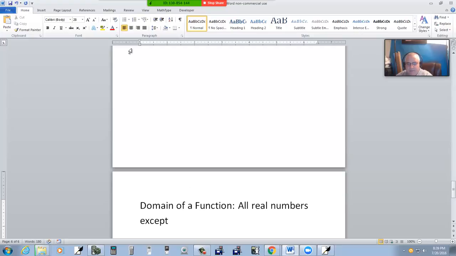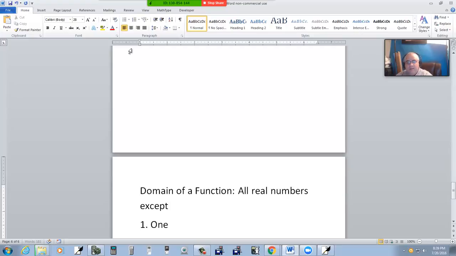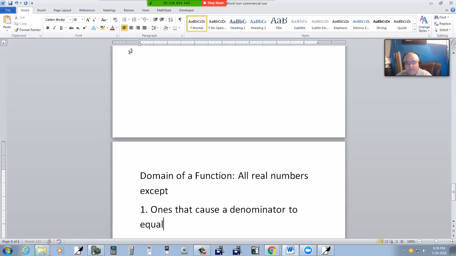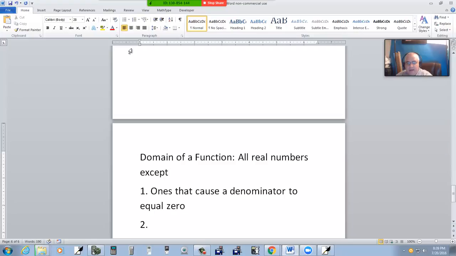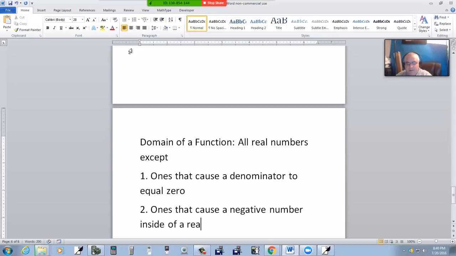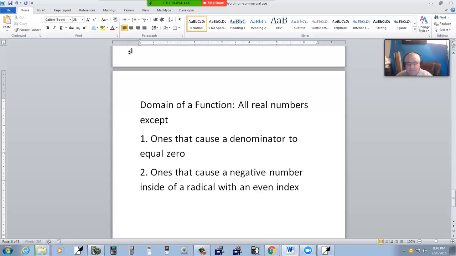Except, here's our exclusions, ones that cause a denominator to equal 0, and ones that cause a negative number inside of a radical with an even index. Now there's a third one we list there for college algebra typically, and that's when we get the logs. So we haven't covered logs, so I won't put it.